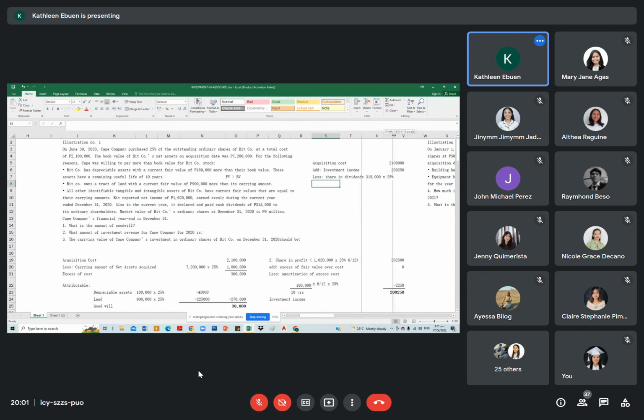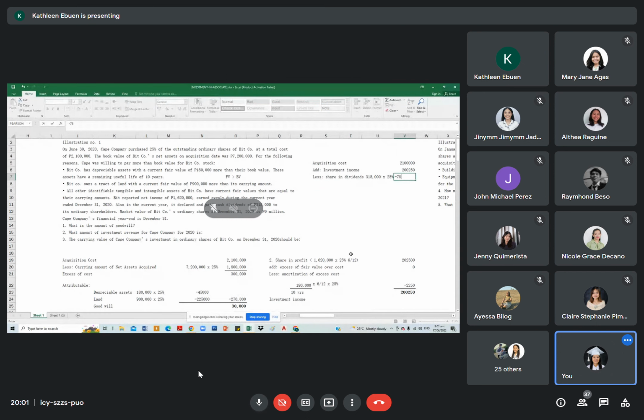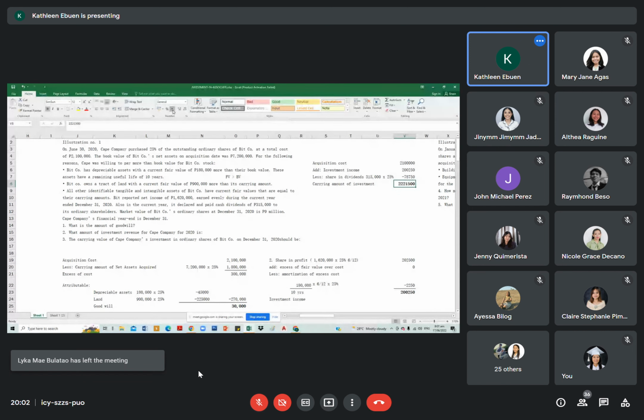Magkano to, class? 78,750. So therefore, ang carrying amount ng investment natin, magkano? 221,500 po. Ayan, so answer for number 3.